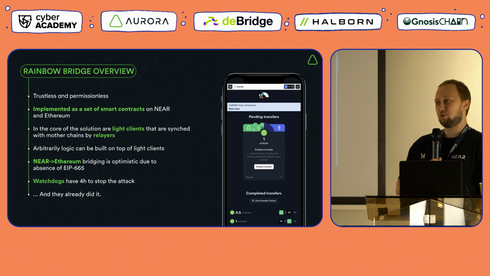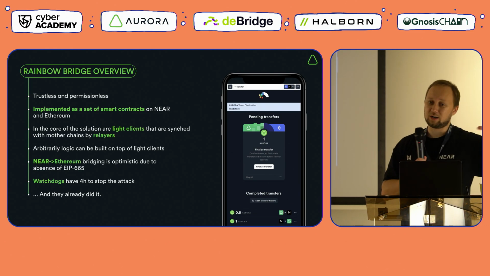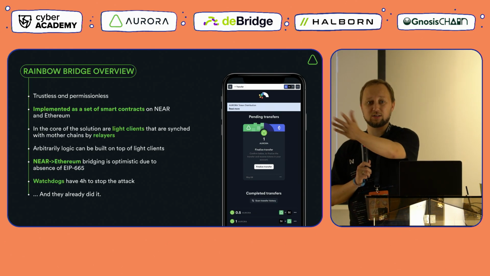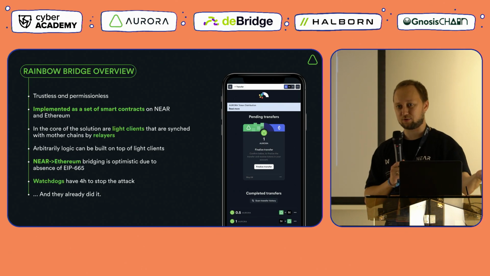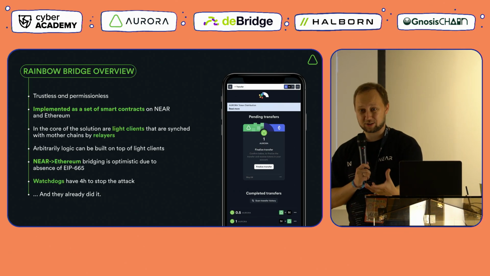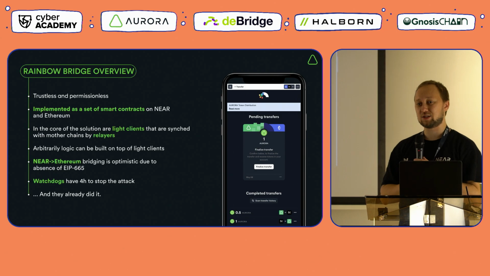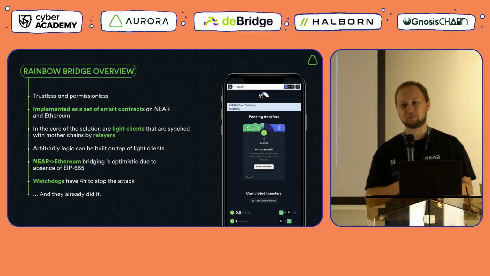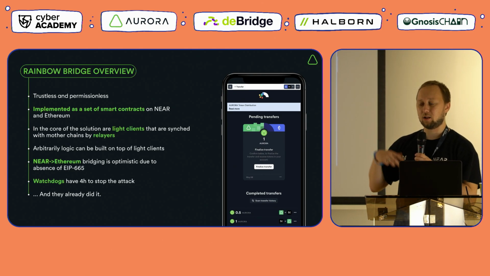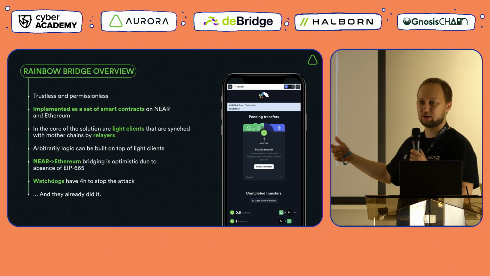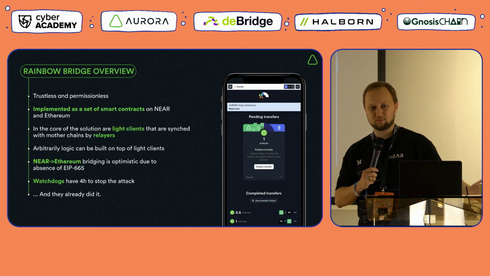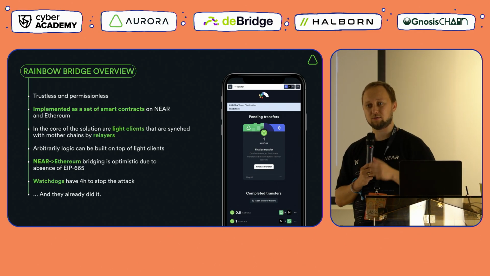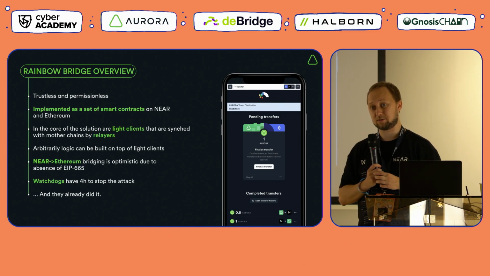That's why our approach right now is that for Near to Ethereum transfers, or in general, Near to Ethereum interaction, this interaction is optimistic. By optimistic, it means that the Light Client works as follows. Somebody submits a new block to the Light Client on the Ethereum side.